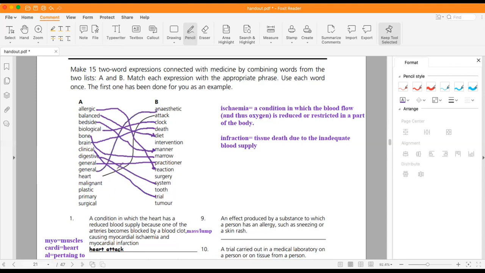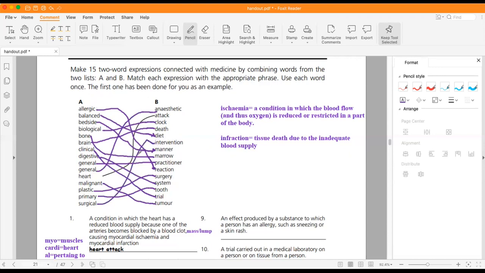And this is heart attack. And we say malignant tumor. Plastic surgery and primary tooth and surgical intervention. Alright, so let me say it again.